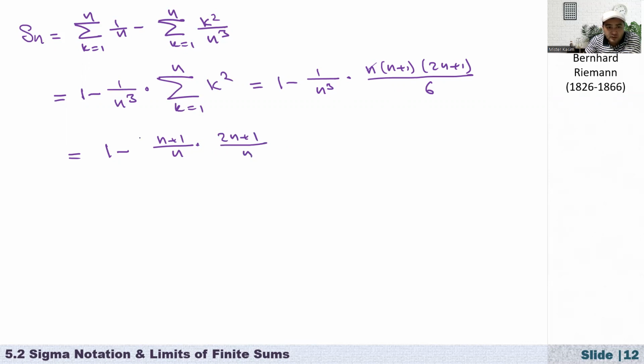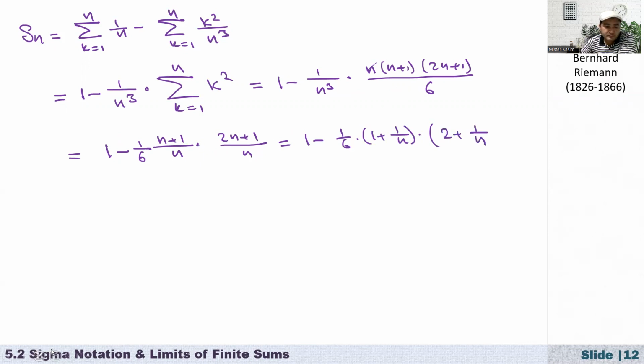But still I have 1 over 6. Now if I rewrite 1 minus 1 over 6 times, what is n plus 1 over n? We can write it as 1 plus 1 over n, times 2n plus 1 over n, that is 2 plus 1 over n.